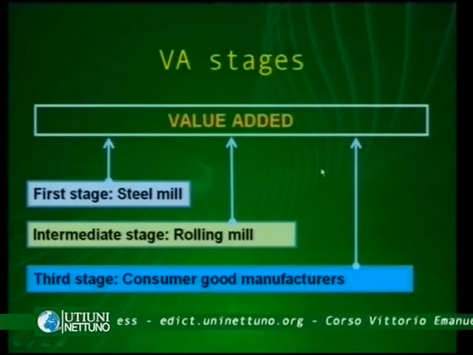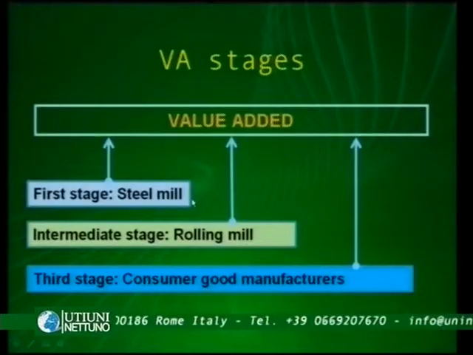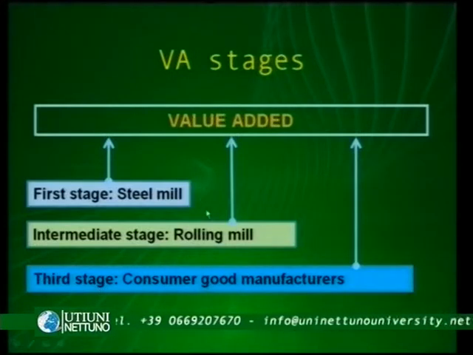So the correct way to determine the value added at the intermediate stage is to calculate the value of the output, in this case represented by steel sheets, and subtract the value, the price that you pay for the ingots, which represent the output of the first stage of the steel mill.